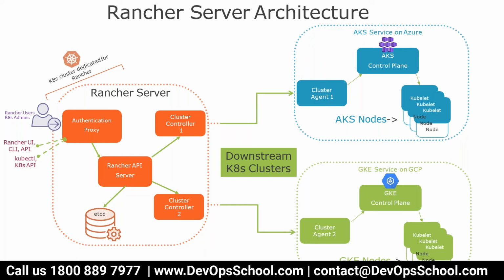You don't have to do that. When you do it manually, you have to install the daemon set and configure the daemon set. That's a manual process. But when you deploy the downstream Kubernetes cluster using Rancher, everything is done by the Rancher server itself. You don't have to do anything. The communication happens using the cluster agent, which is nothing but one pod running in each node as a daemon set in each downstream cluster.